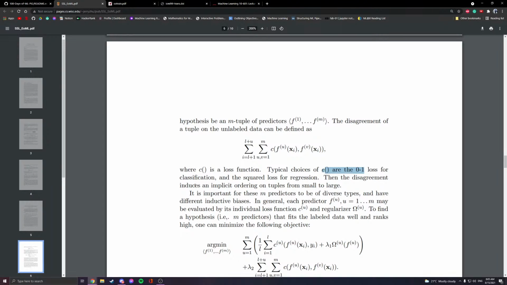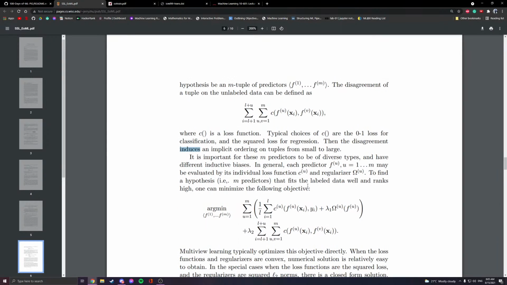Disagreement induces an implicit ordering on the tuple from small to large, and predictors to be of diverse types.